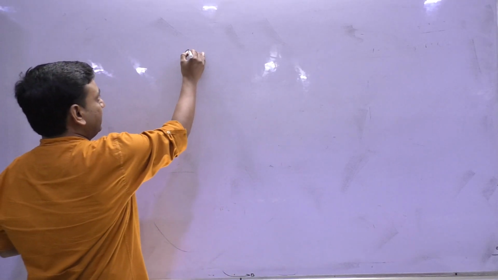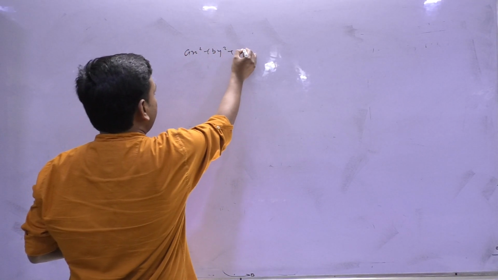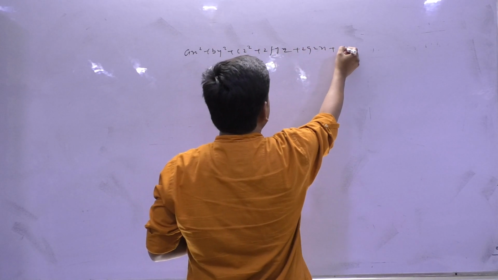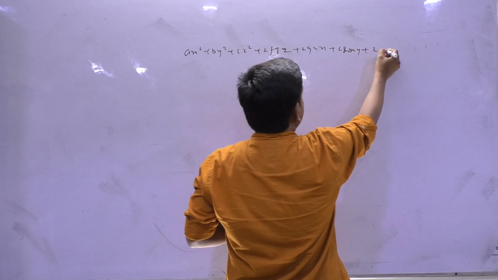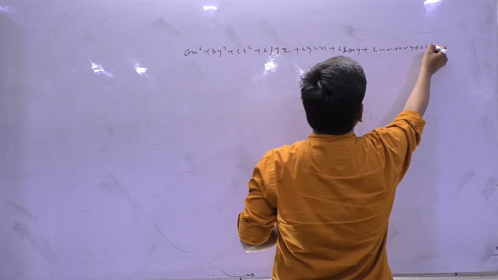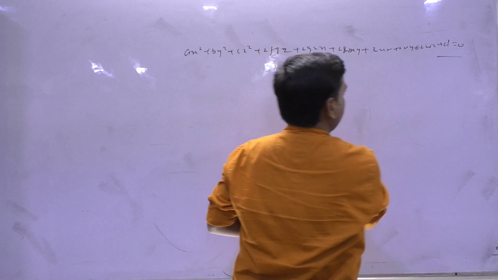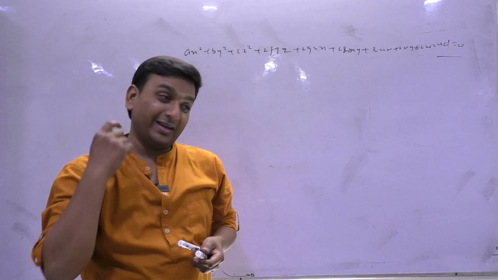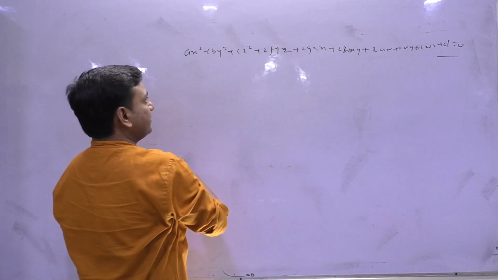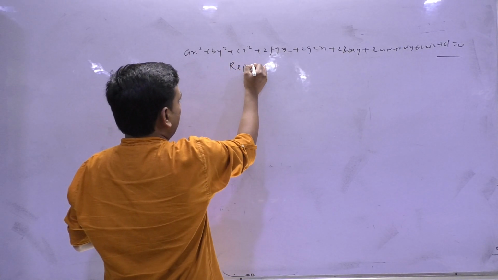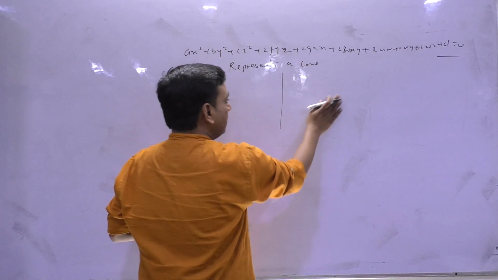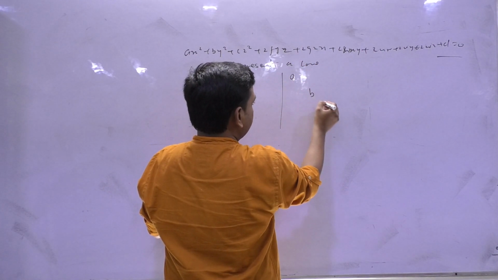What is ax square plus by square plus cz square plus 2fyz plus 2gzx plus 2hxy plus 2ux plus 2vy plus 2wz plus d equals to 0? And I want to get the condition at which this equation represents a cone. So what is that condition?